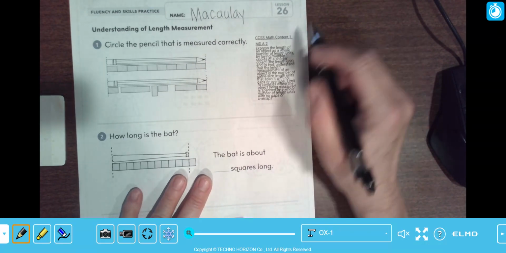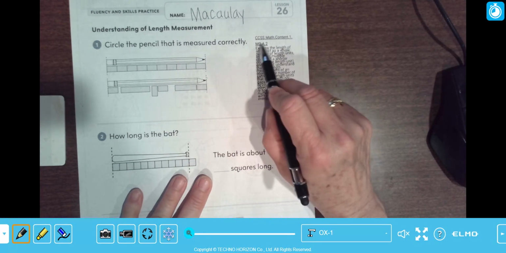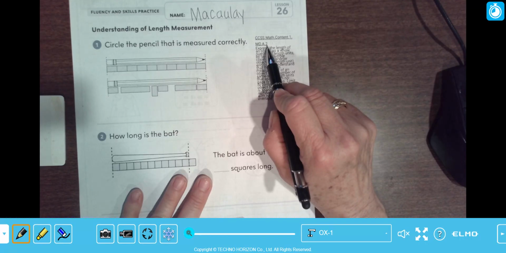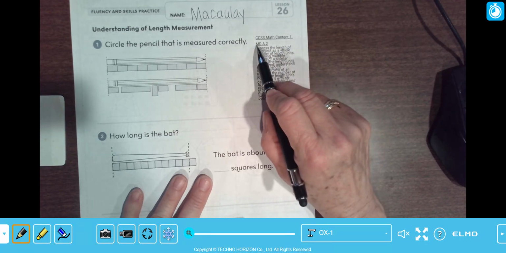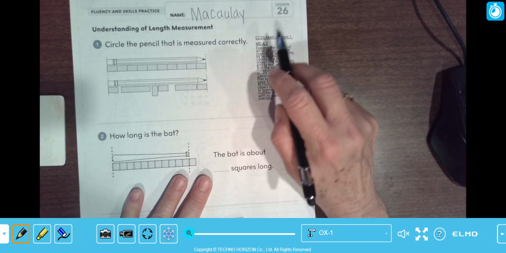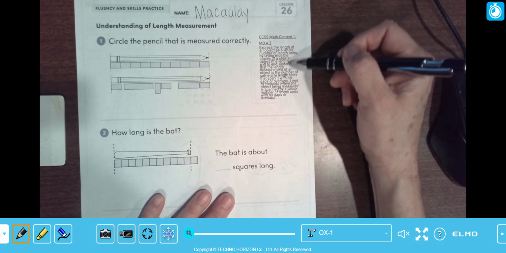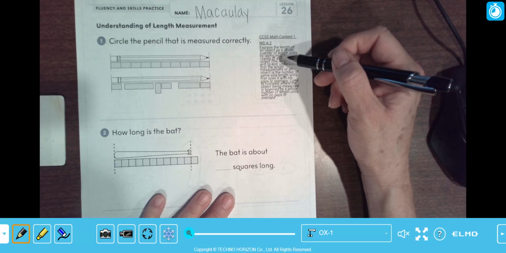Okay, so the standard we're working on is 1.MD.2. The 1 stands for first grade, and MD stands for measurement and data, and number 2, part A. Basically, what this standard says is that we're going to measure, but not using a ruler.